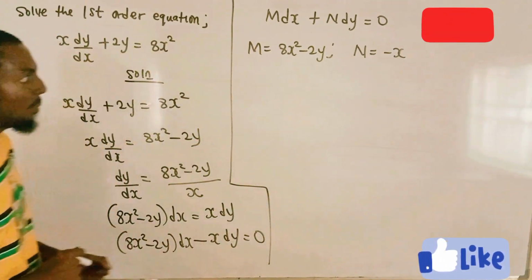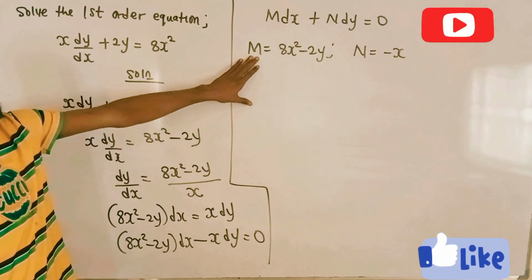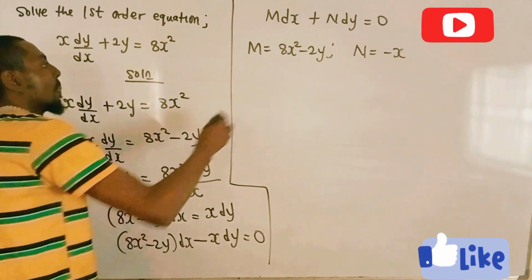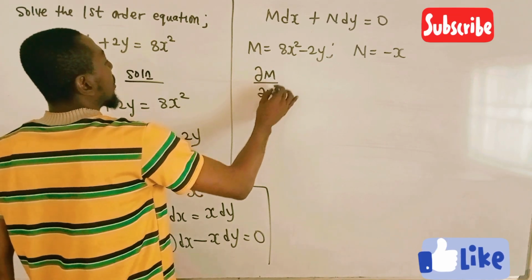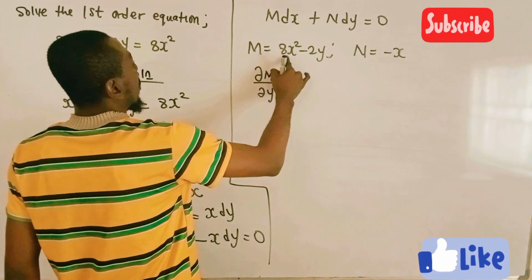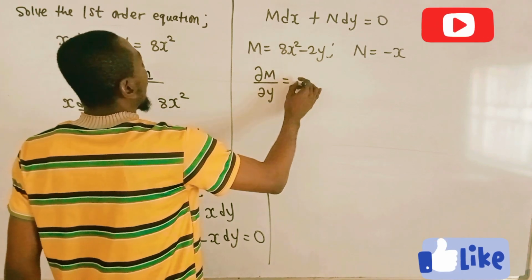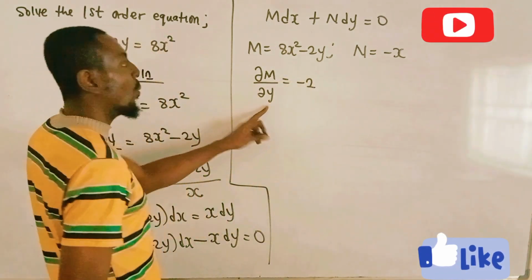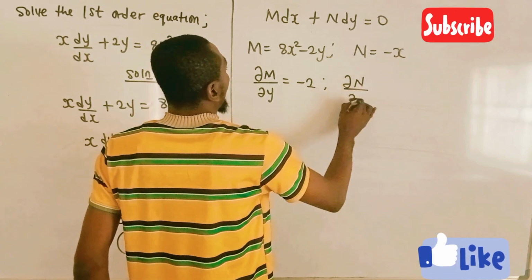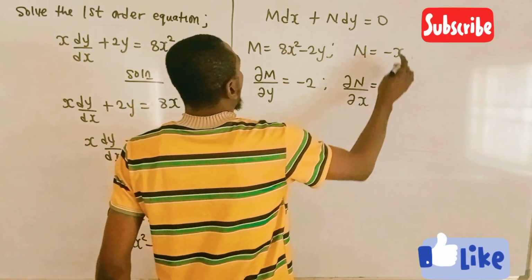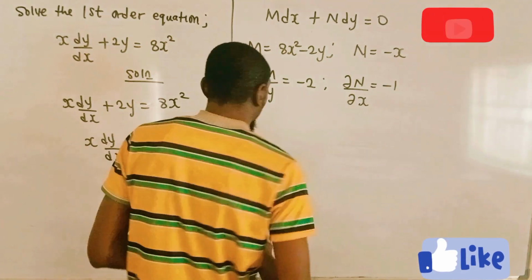Okay? So the partial differentiation of M with respect to y is equal to, this is the constant, so differentiating minus 2y is minus 2 with respect to y. Then the partial differentiation of N with respect to x, of course, this will give us minus 1.